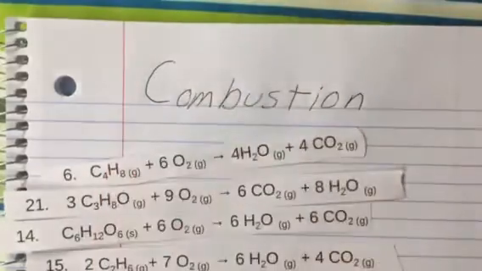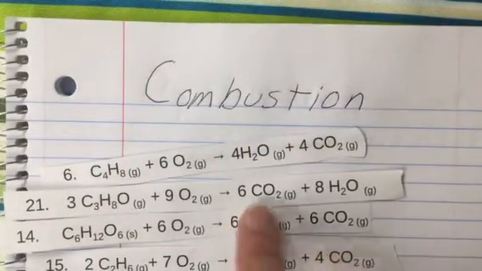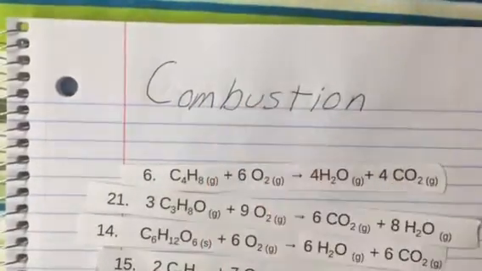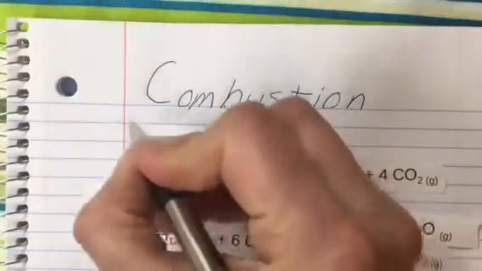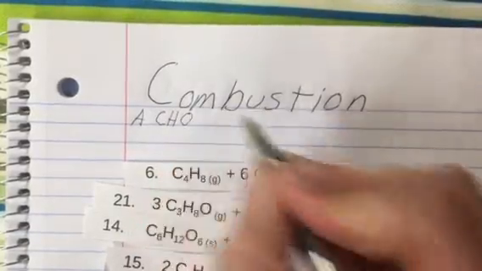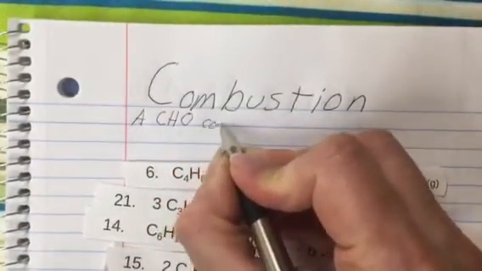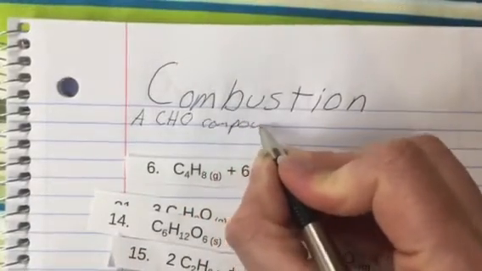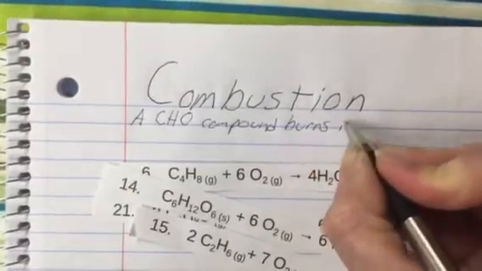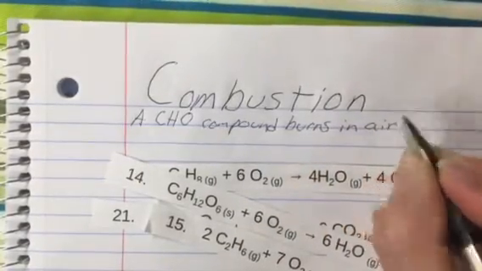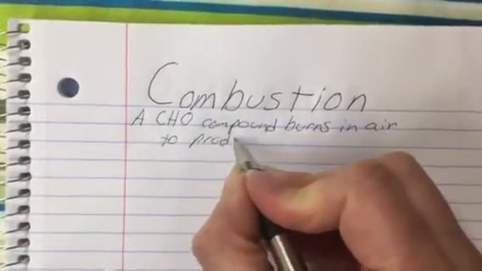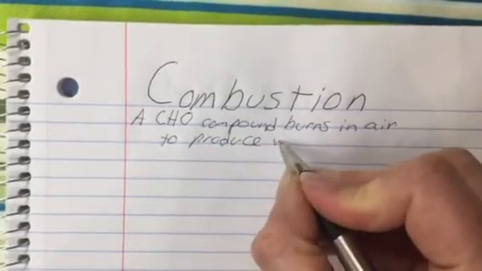You'll notice that the products of these reactions are exactly the same every single time: we always get water and carbon dioxide. So this is a CHO compound, for lack of a better term right now, burns in air to produce water and carbon dioxide.